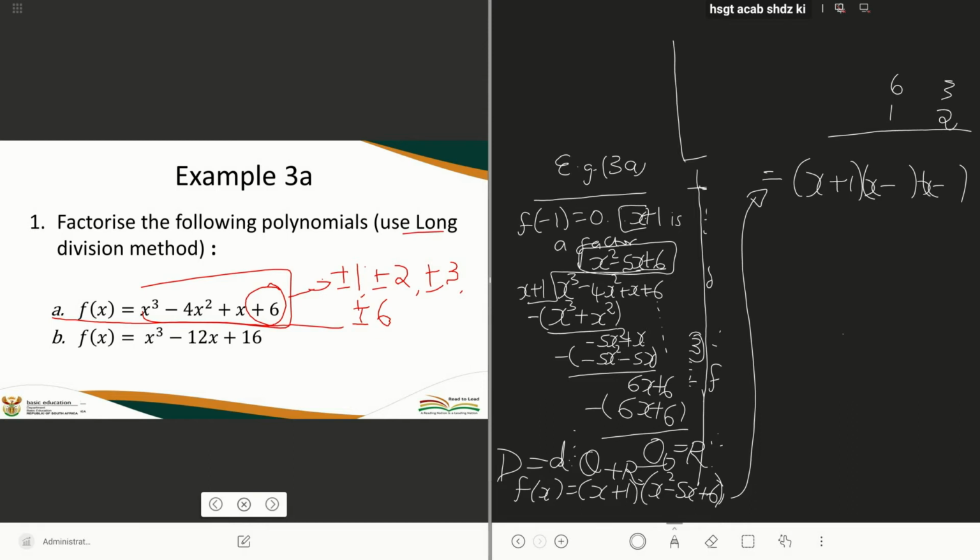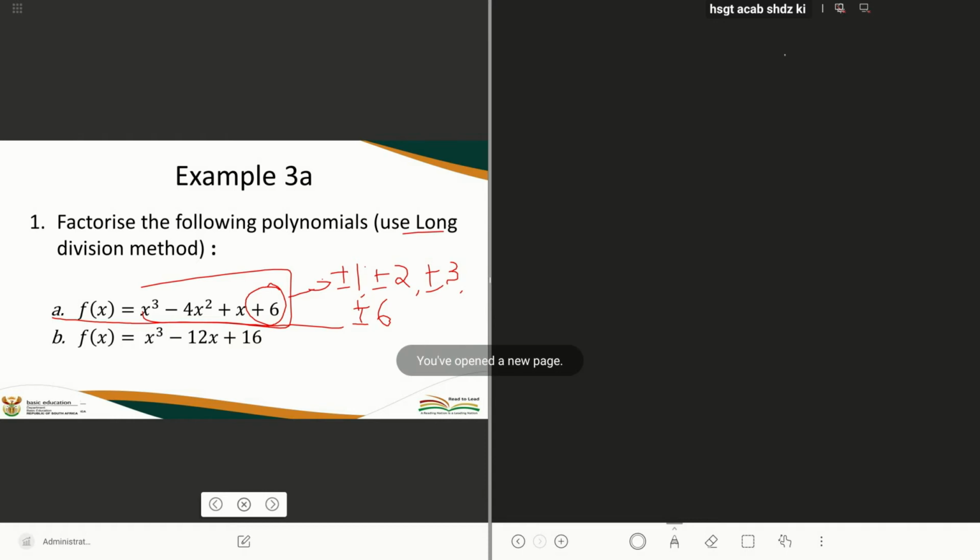So in this case, I'll utilize 3 and 2. Remember, when you multiply this x together with this negative 2, it's going to be 2x. Together with this one, negative 3x, the sum of these two must give you the middle term, which is negative 5x. So our factors are indeed correct. And now we are done with this letter A. Let's move to the next one.